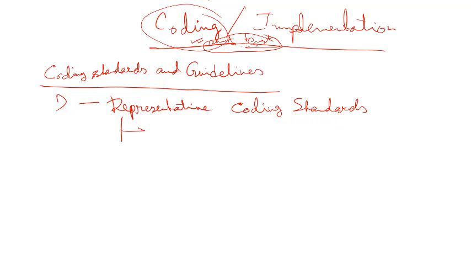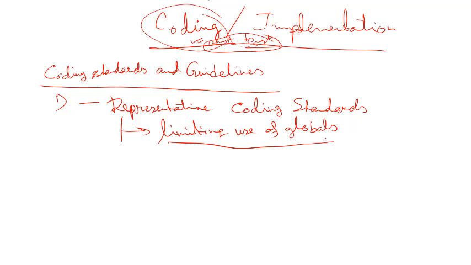First is the rules for limiting the use of globals. These rules list what type of data can be declared globally and what cannot. There are some data items or variables which are really necessary to declare globally when you develop the software, but limit the use of global variables.